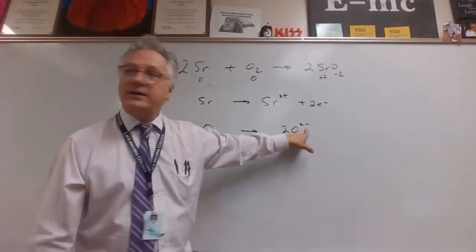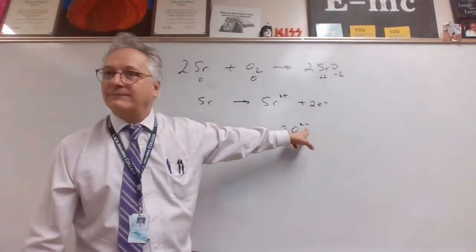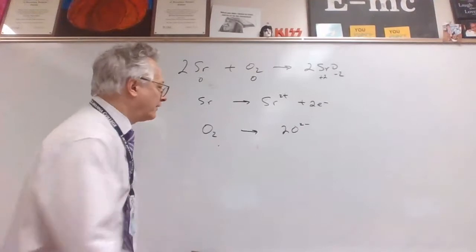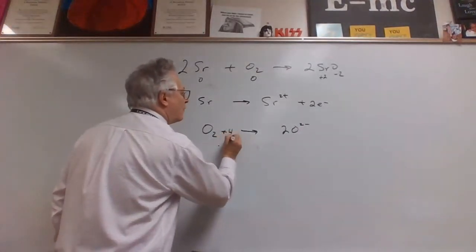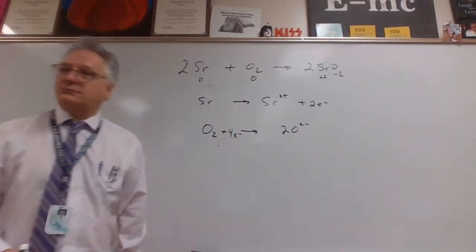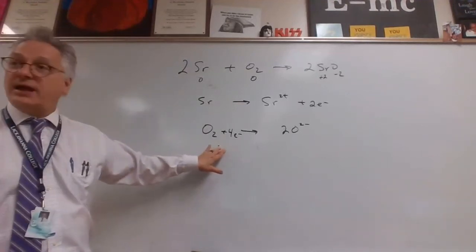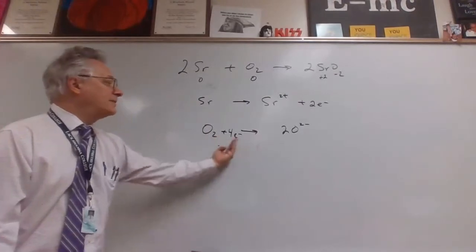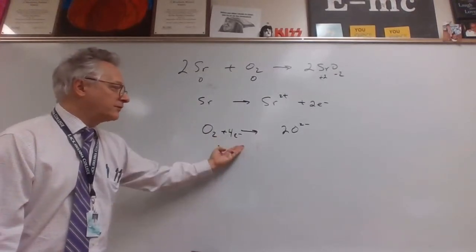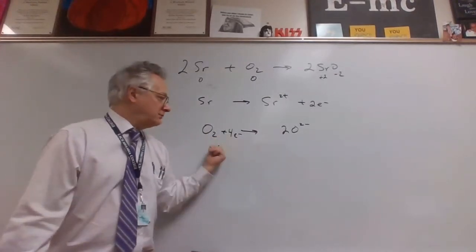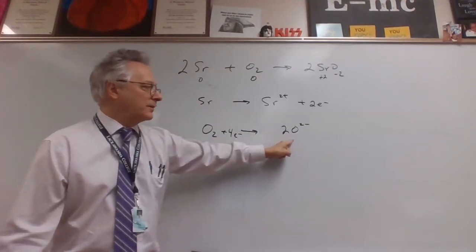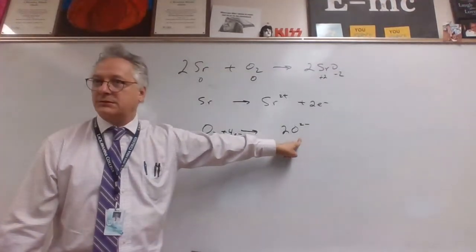So 2 times -2 is what? -4, right? So I have to add 4 electrons there. So this is the reduction half reaction because I'm gaining electrons. Those 4 electrons are coming in to the oxygen molecule and forming 2 oxide anions.